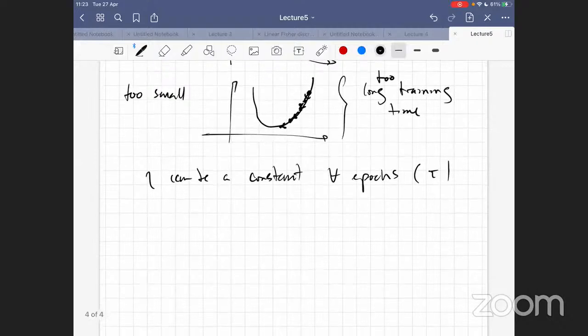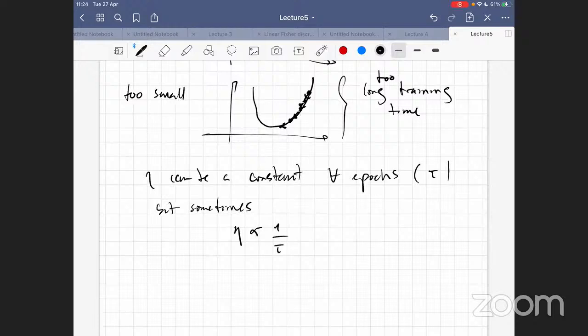But there are some implementations, and typically the out-of-the-box implementations that you find in the market of neural nets, they use some adaptive value for the learning rate. For example, they do something like proportional to the epoch.